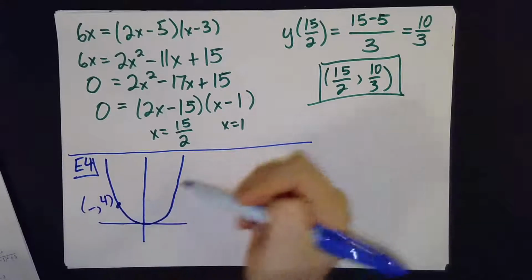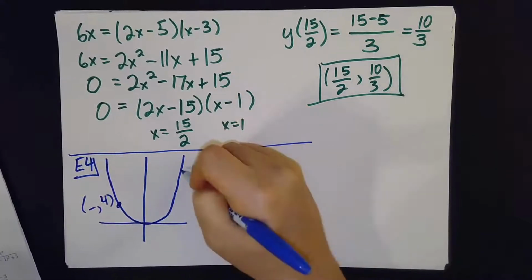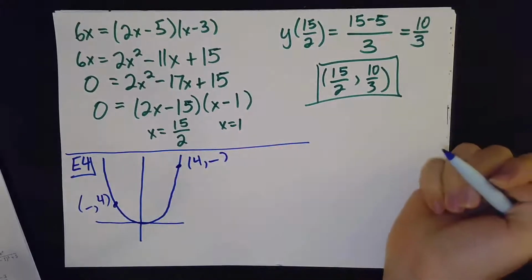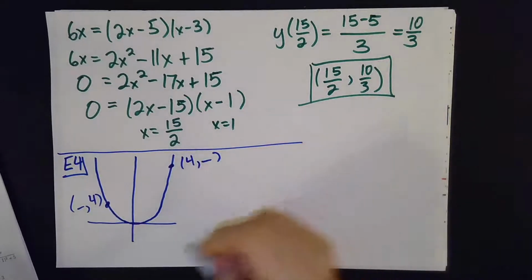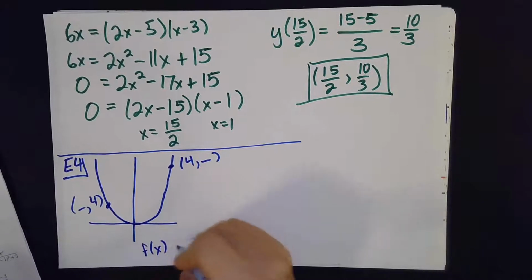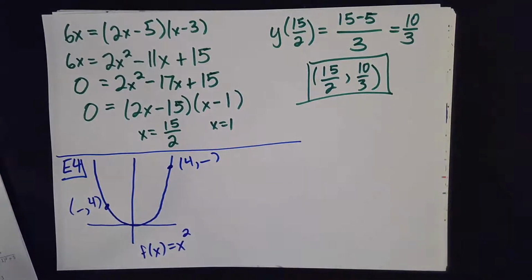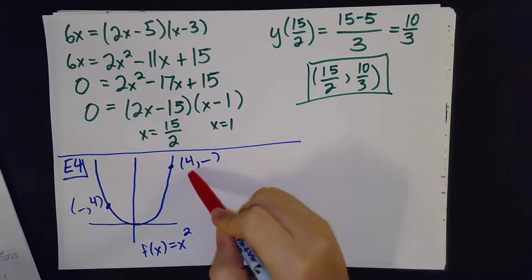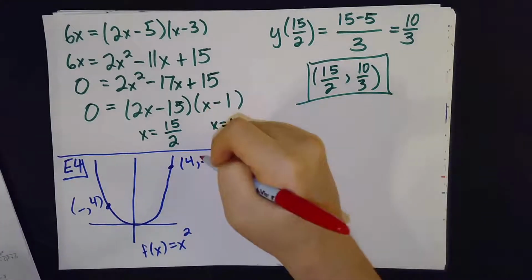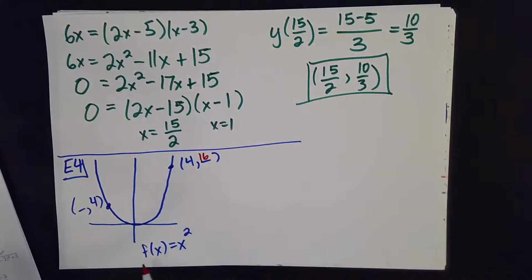One is something, comma 4, and one is 4, comma something. And these points are living on the graph of f of x equals x squared. So these are both input-output pairs. So here the input is 4, so the output is 16. That is just f of 4.